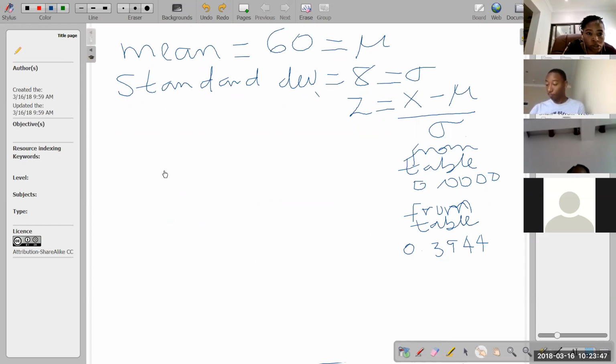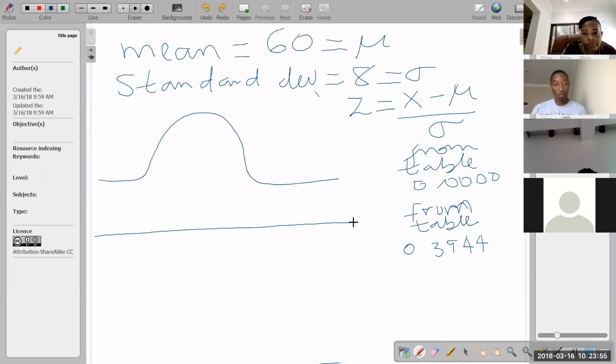Our graph should look something like this. Our mean is at 60, the middle point.